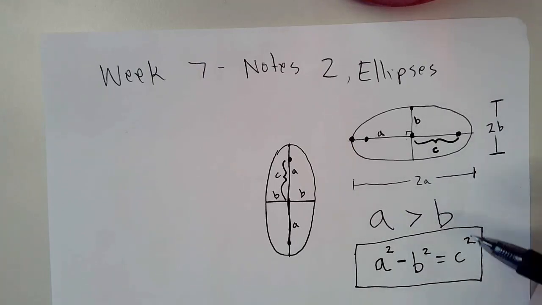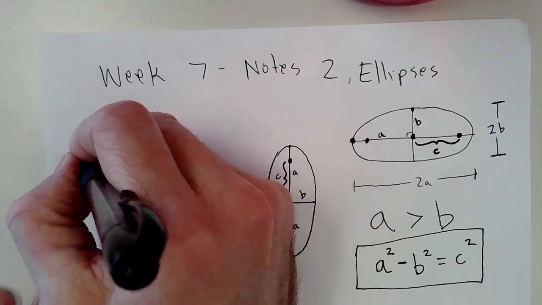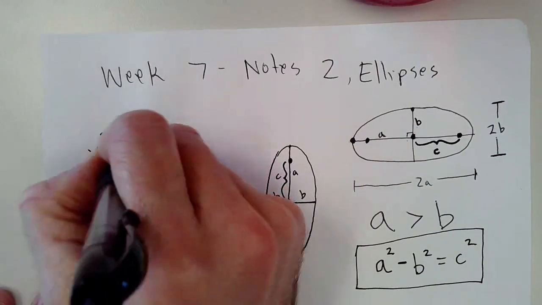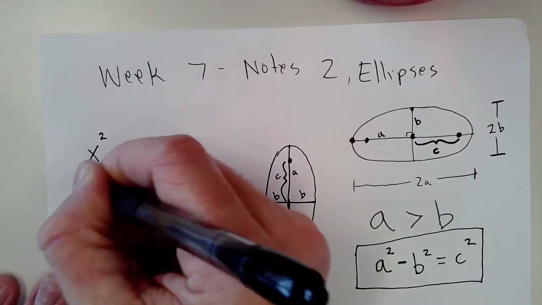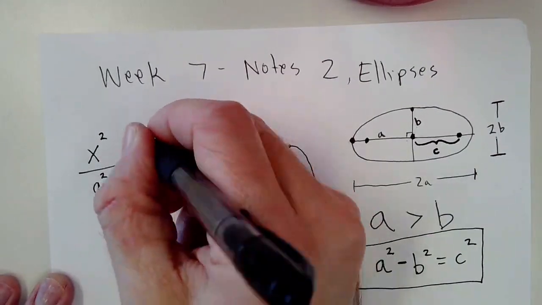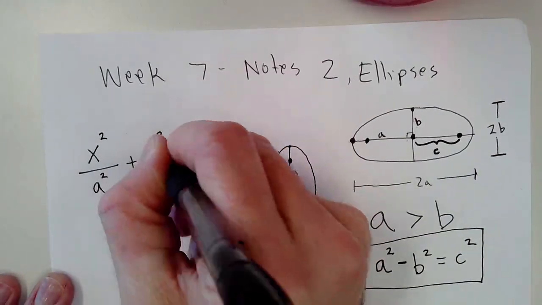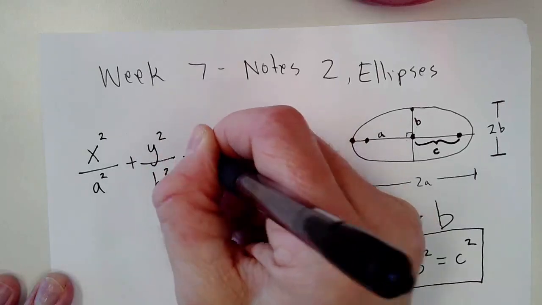Well, in this case, the equation for the ellipse, at least an ellipse that is centered at 0, 0, is the following. So you have x squared, and you're going to have each one be a fraction. So this is going to be x squared over a squared plus y squared over b squared equals 1.